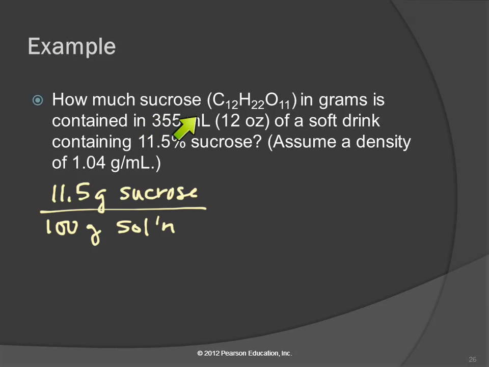They're giving us a volume of soda, 355 milliliters, that's the solution. And they're giving us a density here. I'm going to write that out vertically as well. 1.04 grams of solution per milliliter of solution.